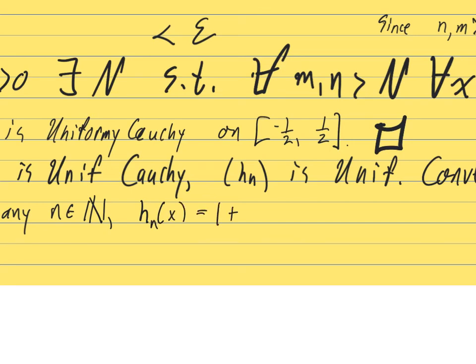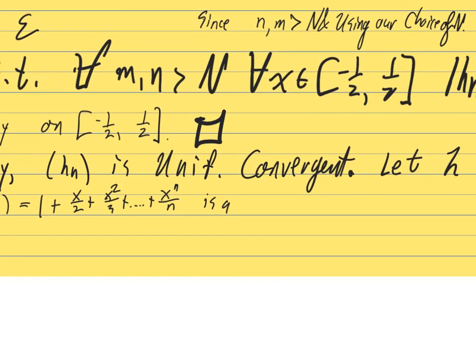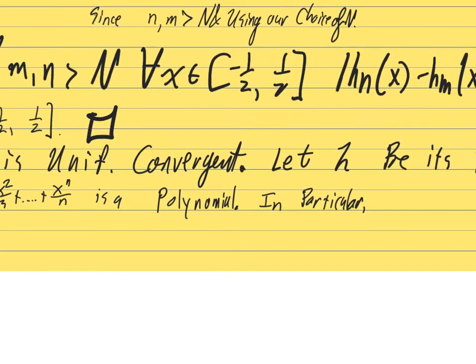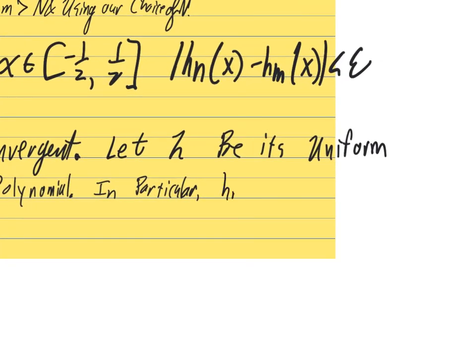That's 1 plus x over 2 plus x squared over 3 plus and so on plus x to the n over n, which is a polynomial. In particular, h sub n is continuous.